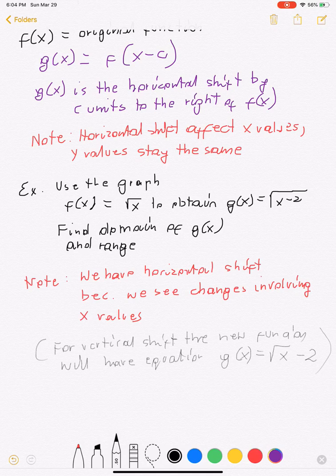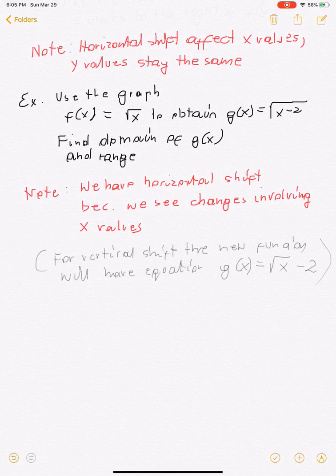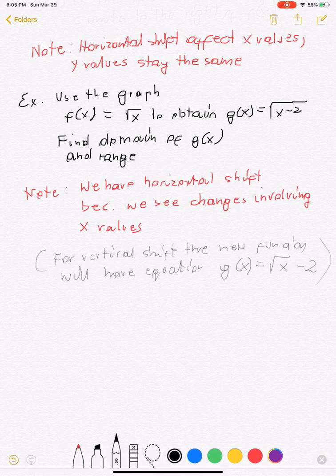So that 2 will be outside of the square root of x. So in this case, like you see, x is not affected in vertical shift. However, we're going back to our example, which is horizontal shift. So how are we going to do it? We're going to graph it together. Okay, so let's go back to the problem.